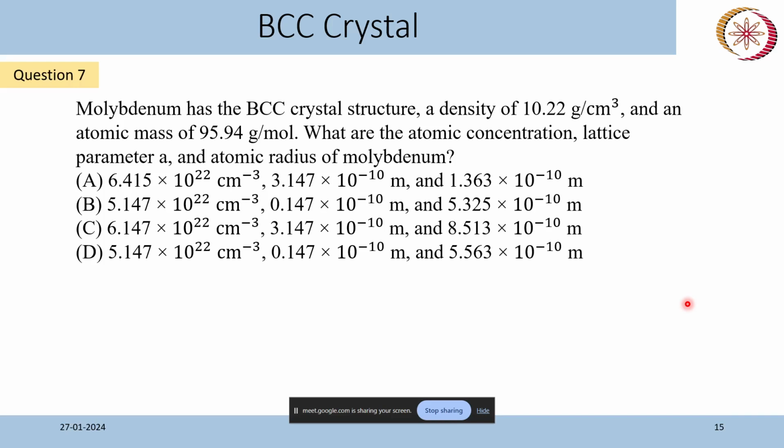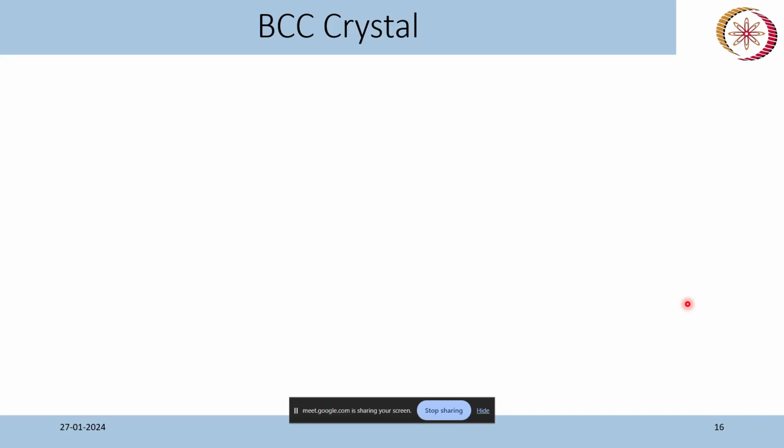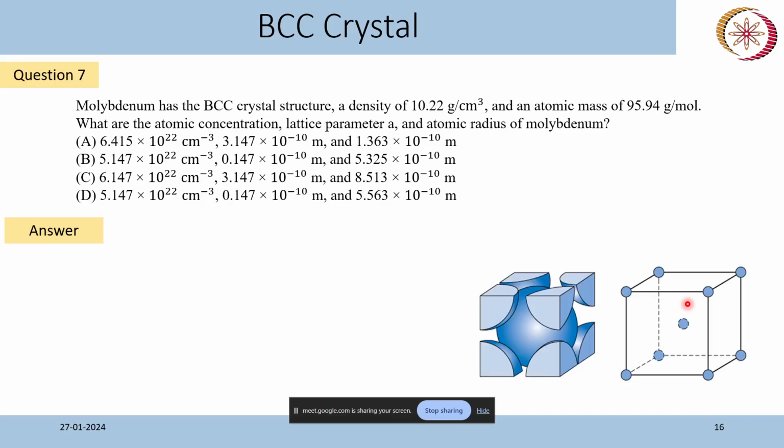Let me give you the diagram for the BCC crystal structure also. It will be easier.